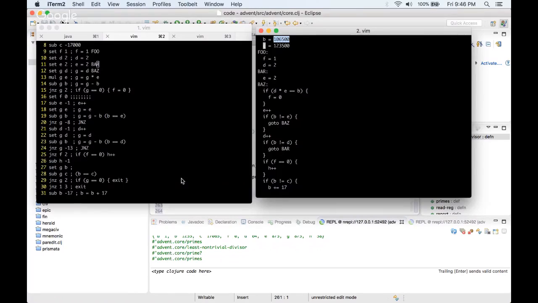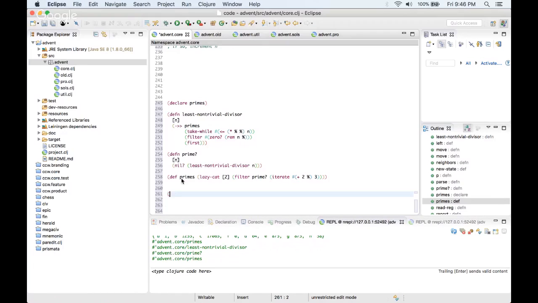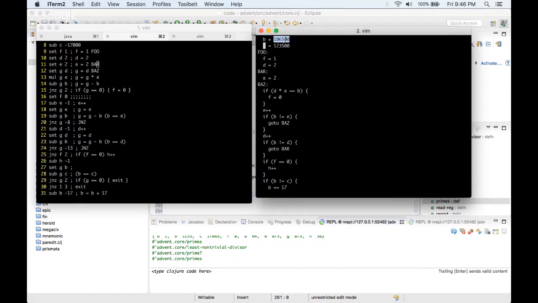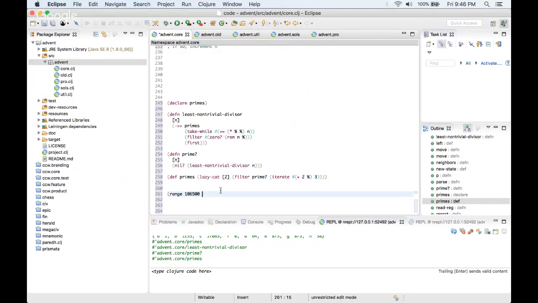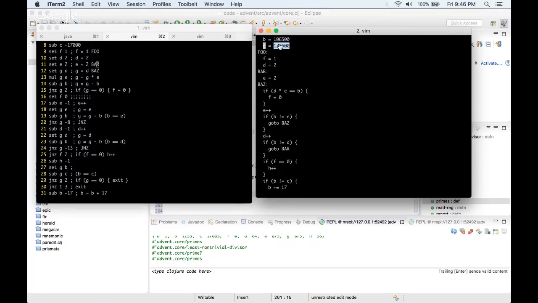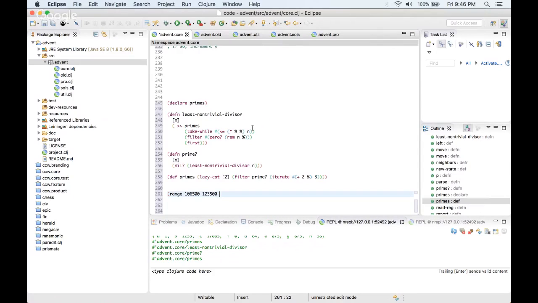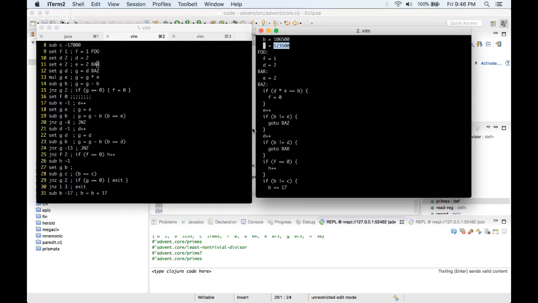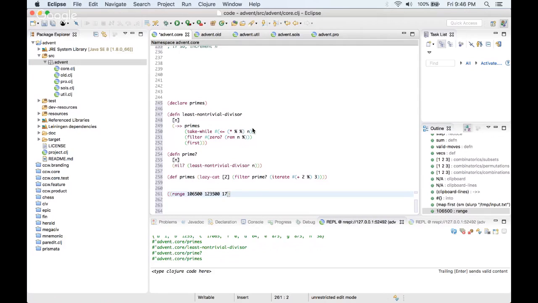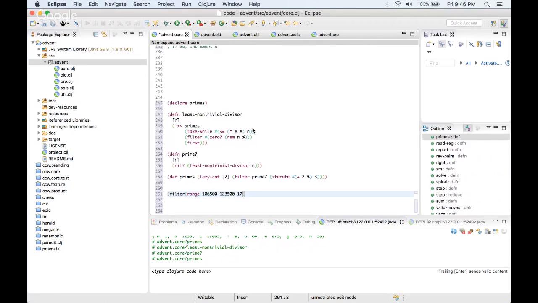Okay, and then range of numbers starting here, going up to this one, and going up by 17 at a time. Filter, or I guess remove the ones that are prime.